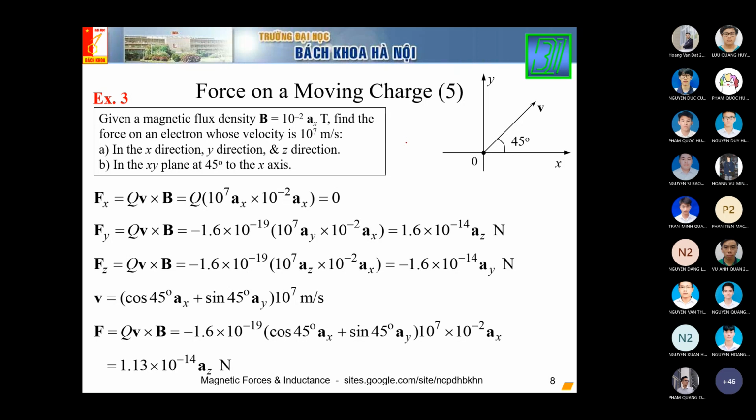Now I will change the direction of the movement. I want you to do the next mid-class exercise. Let's suppose that the charge here is moving in the xz plane, and the direction is this, and this angle is 30 degrees.